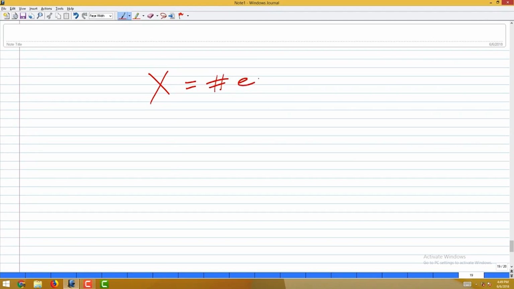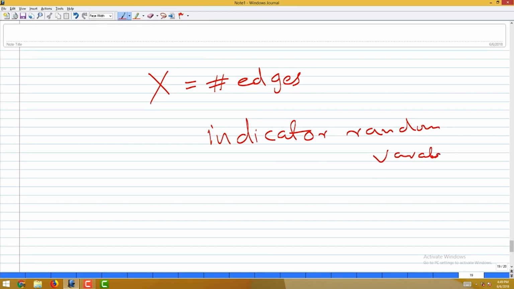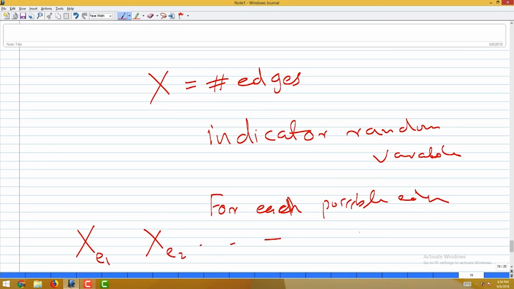Now let us look at how to find x, equal to the number of edges. What I do is I define something called an indicator random variable corresponding to each possible edge, which means each pair of vertices. There are m such edges.